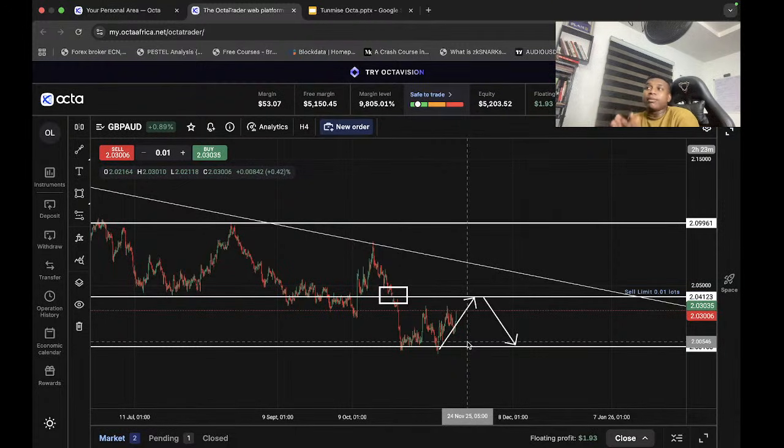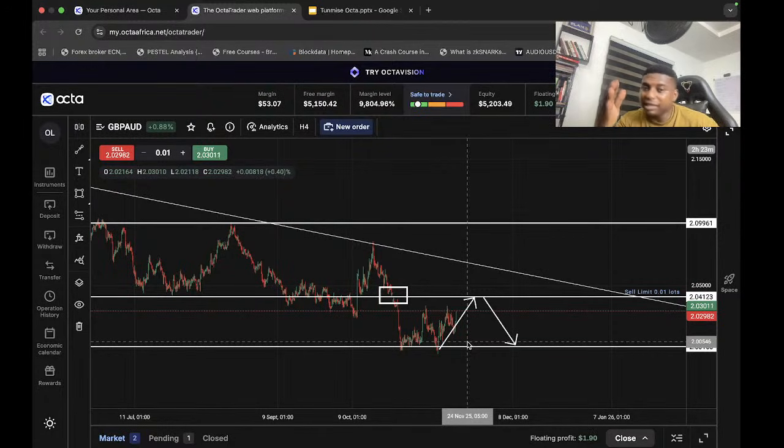Why am I setting take profit and stop loss? Because these are risk management tools which you and I as retail traders need to leverage. It's important. There are some persons who say, oh, I don't trade with stop loss. That's not good.